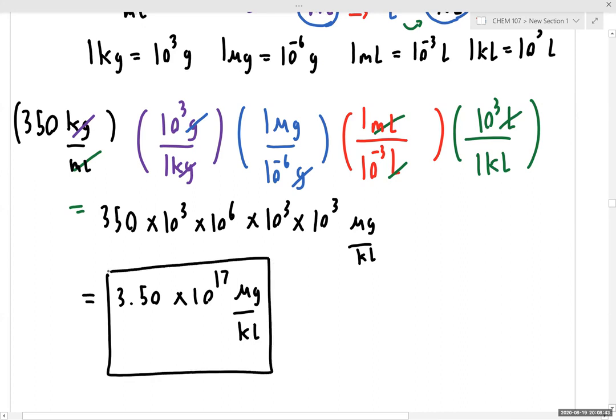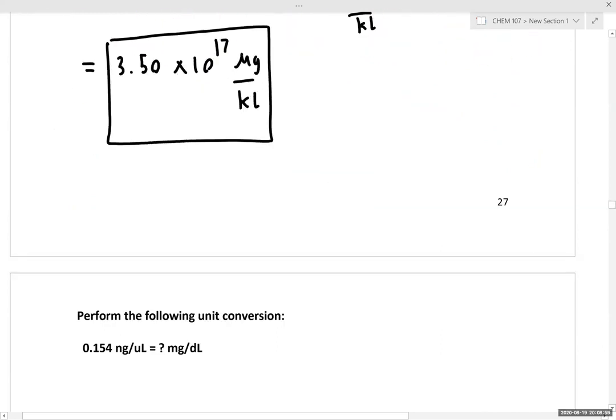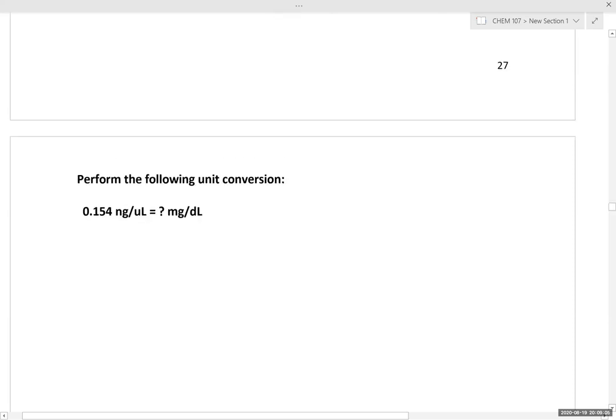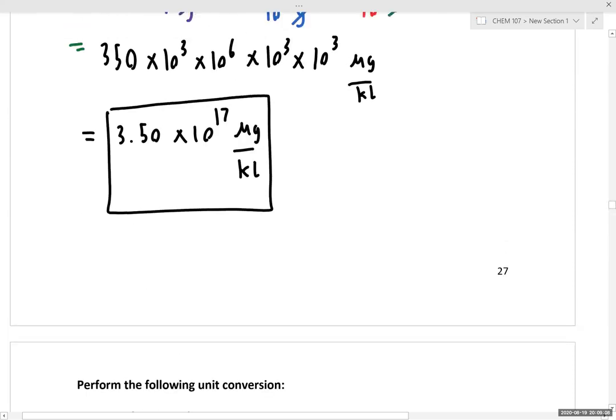Does this make sense to everyone so far? Okay, so let's try to apply what we've learned to the following example.